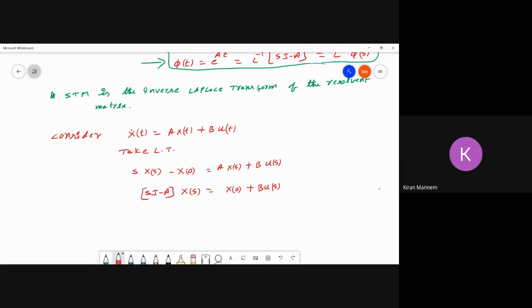Or I can write it as x of s is equal to sI minus A inverse into x of 0 plus sI minus A inverse into B into u of s.